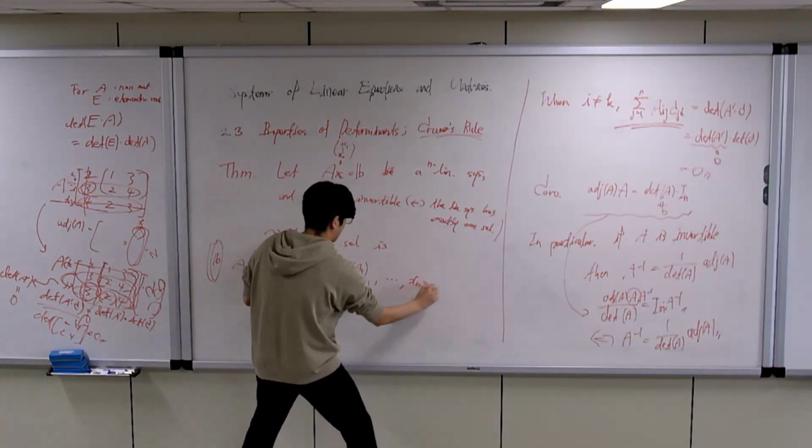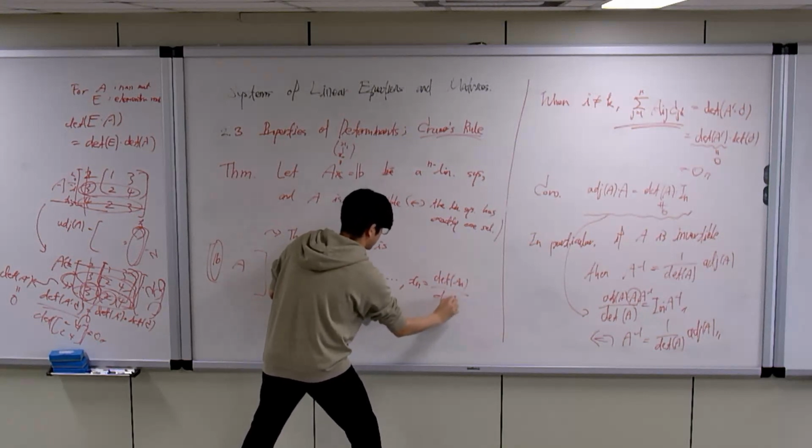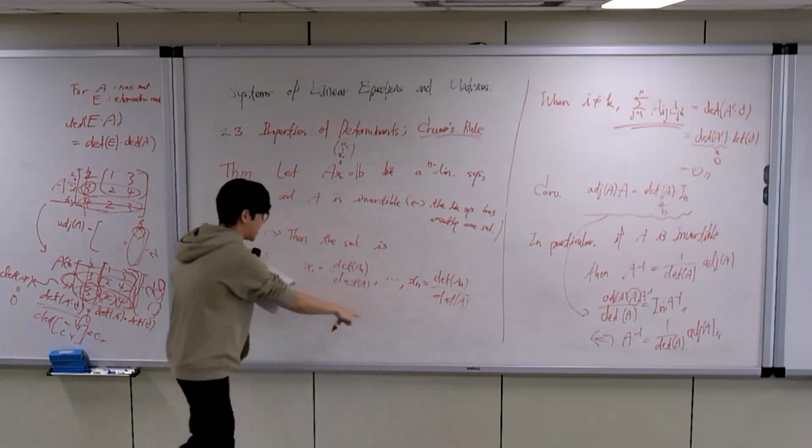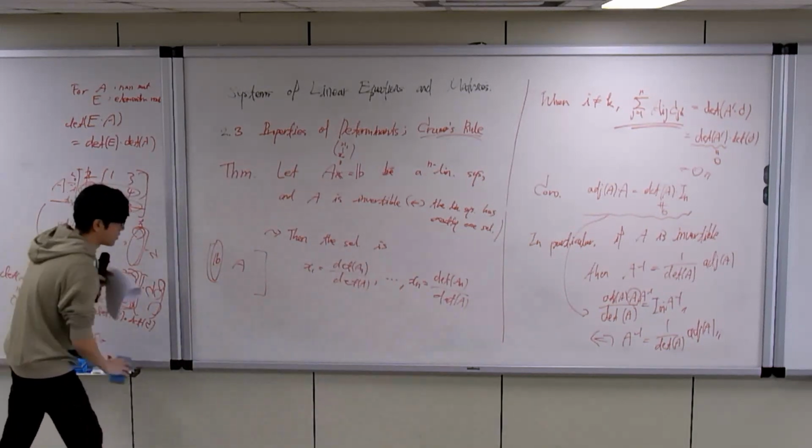So in this sense, the i-th entry x_i is the determinant of A_i over the determinant of A.